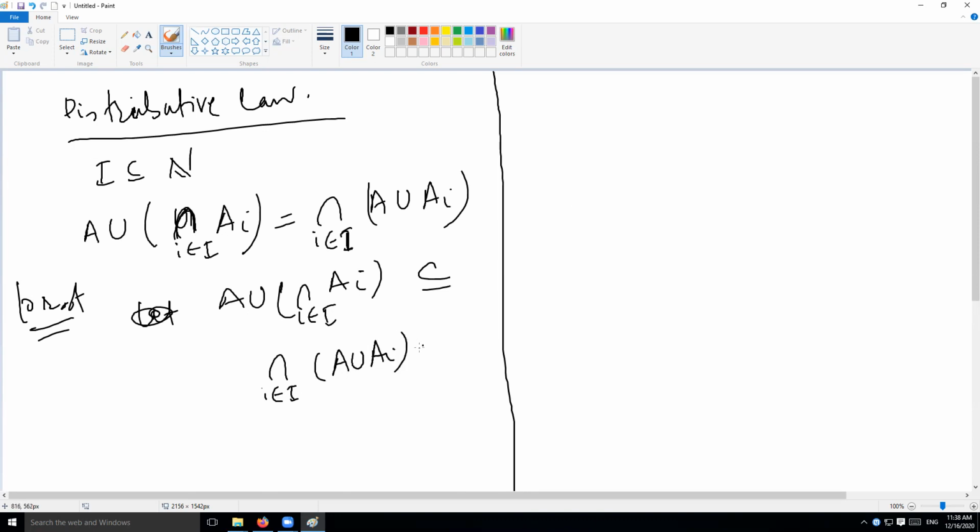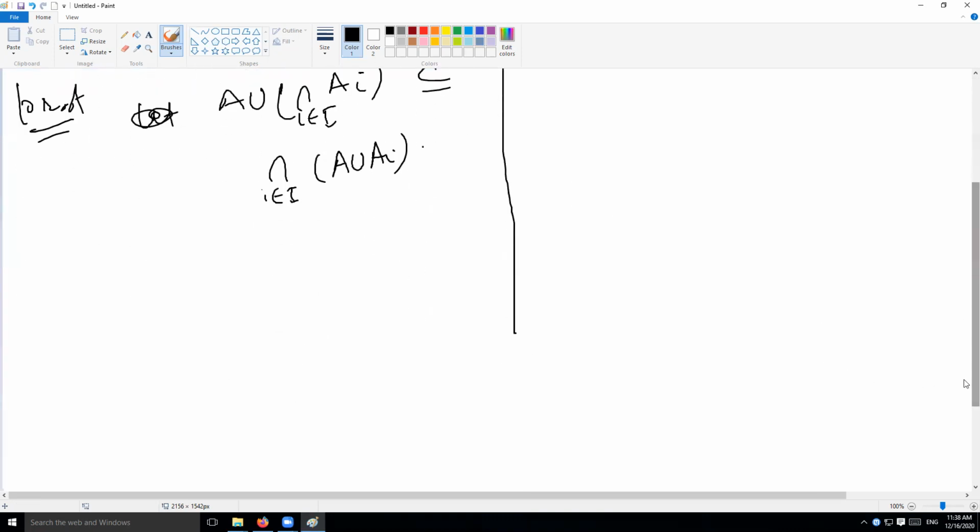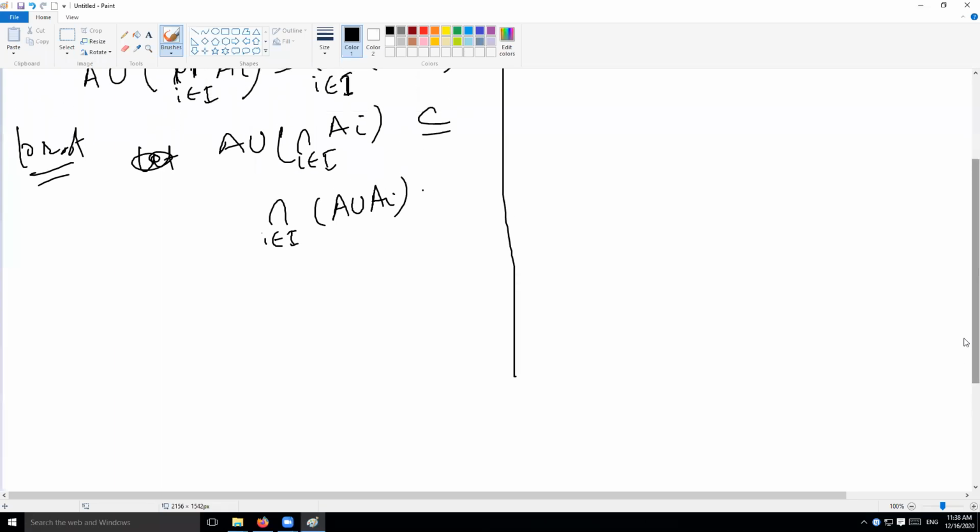So let's say that this is true. Let's prove this. How am I going to prove it? Let's pick an element from this side and show that it's also in here.